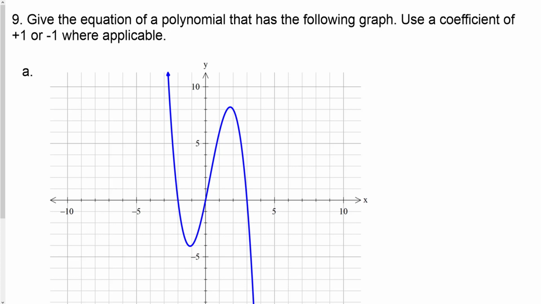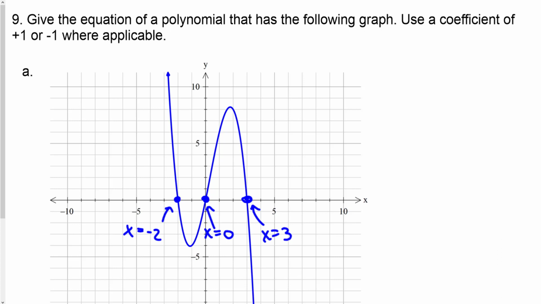So to come up with a polynomial, all you need to do is first identify where the zeros occur. The zeros are identifiable through the x-intercepts. So I have an x-intercept at x equals negative 2, at x equals 0, and at x equals 3.